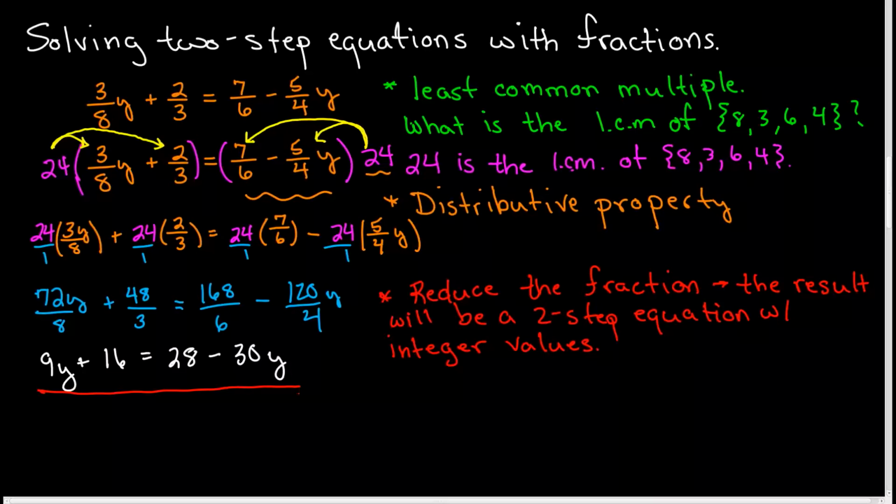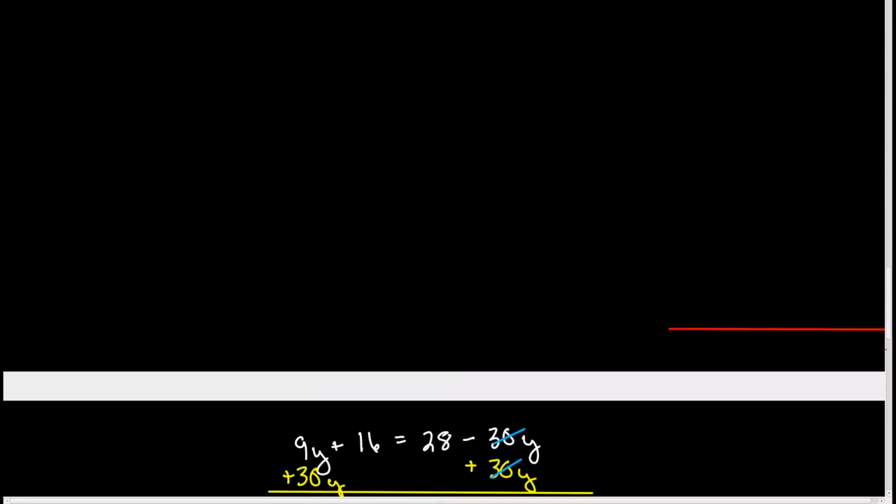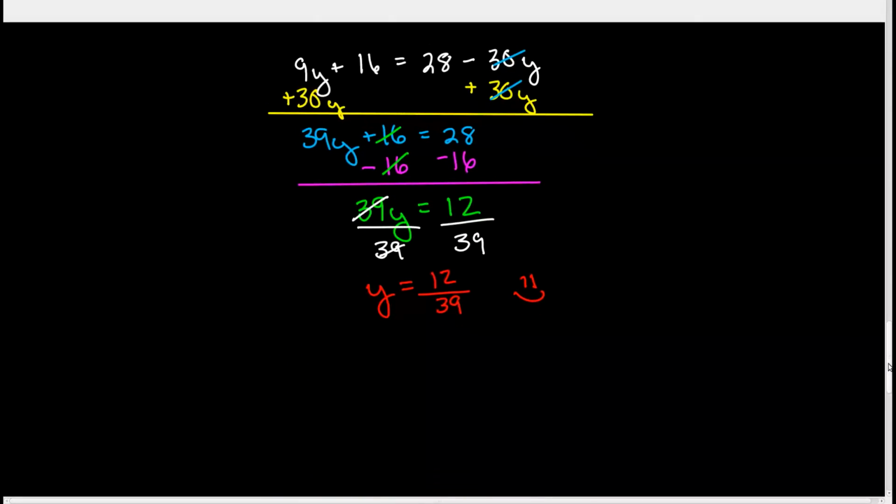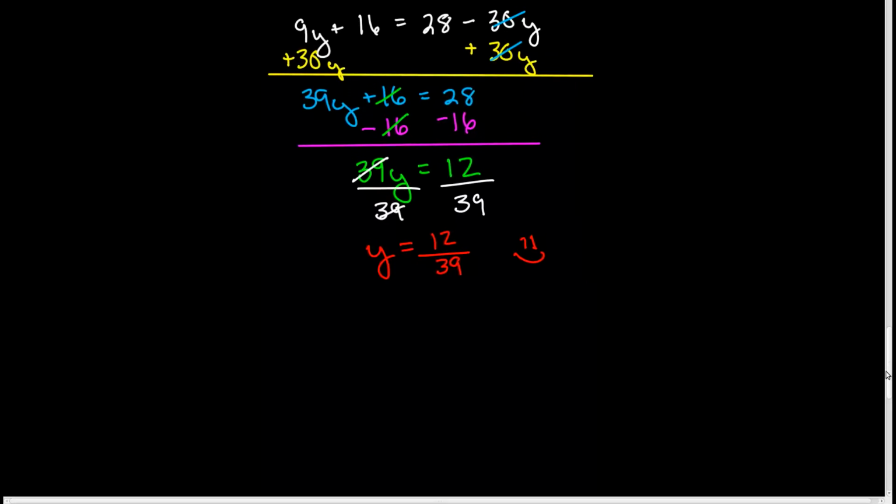And again, the solution we get will be exactly the solution to this problem. And then we started out with that on the second page and solved it just like we would solve any other two-step equation. And that's how you can work any two-step equation with fractions.